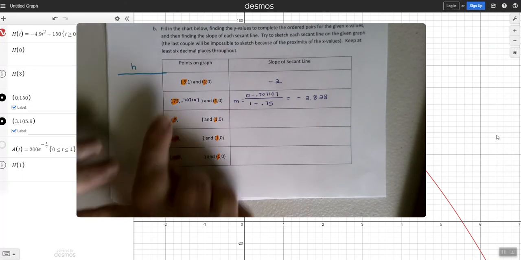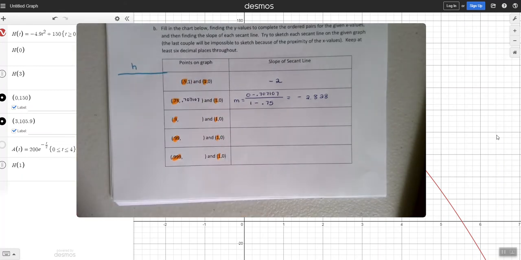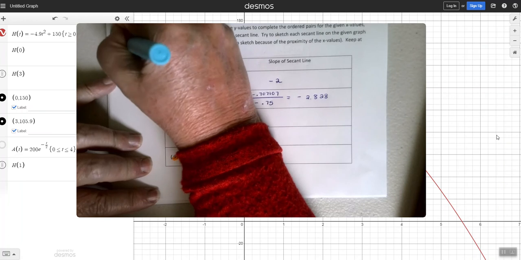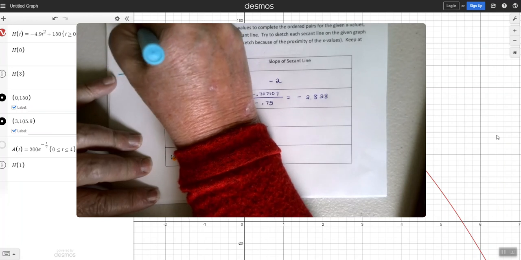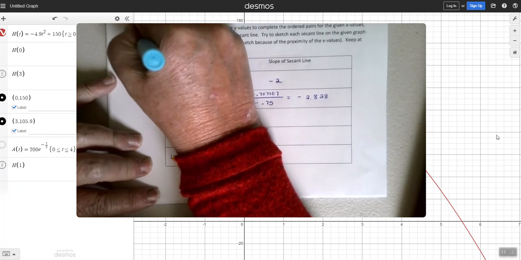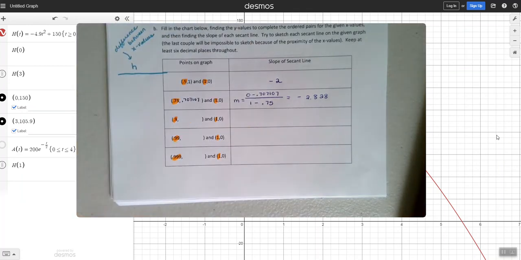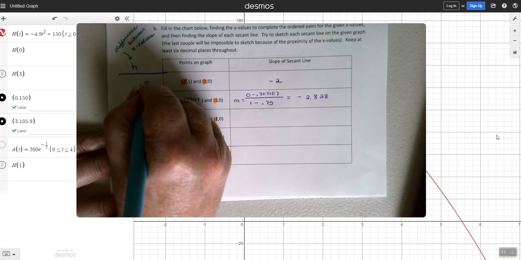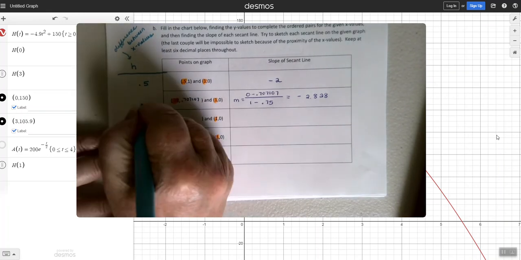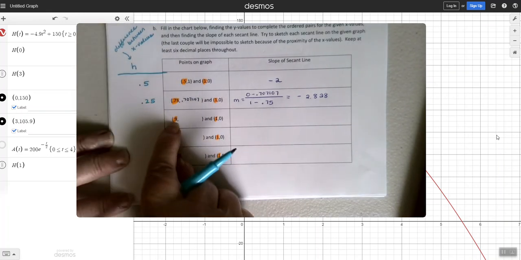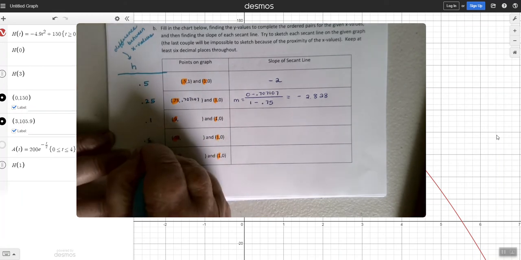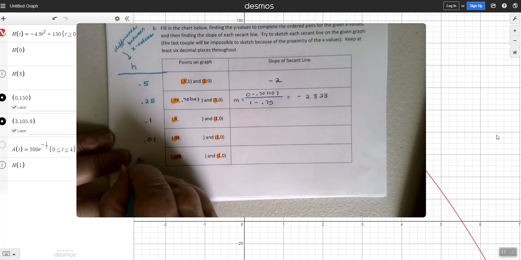Here again it's the difference between the inputs or the x values. So my h's are going to be 0.5, 0.25, 0.1, 0.01, and 0.001.